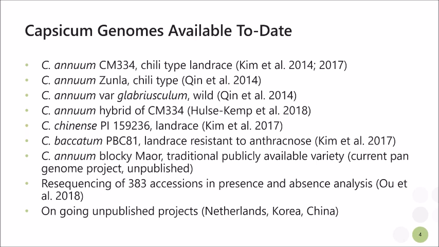I should mention also resequencing of close to 400 accessions, which were analyzed for presence and absence analysis, which was published last year. And also there are several ongoing unpublished projects in different countries, such as the Netherlands, South Korea, and China.